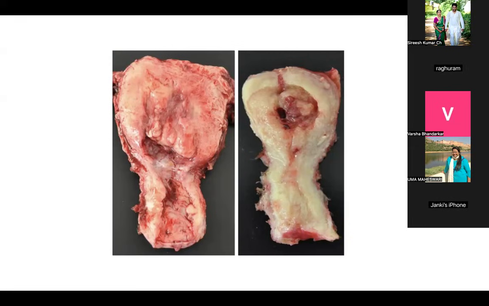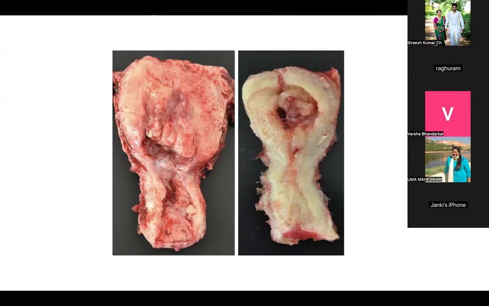What is the PORTEC 3 protocol? Sir, PORTEC 3 was for high risk endometrial cancers. Yeah, can you tell me the protocol? Sir, if a patient is of high risk, then CTRT was advised, followed by chemo.